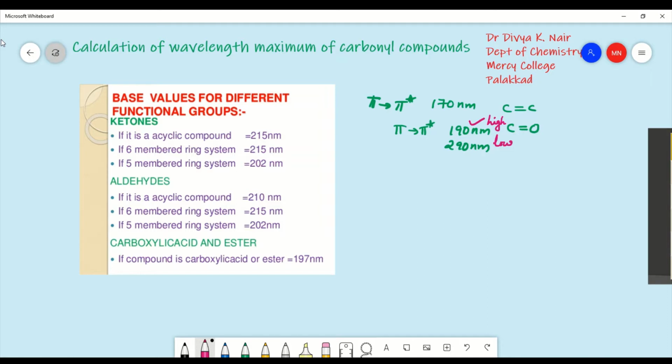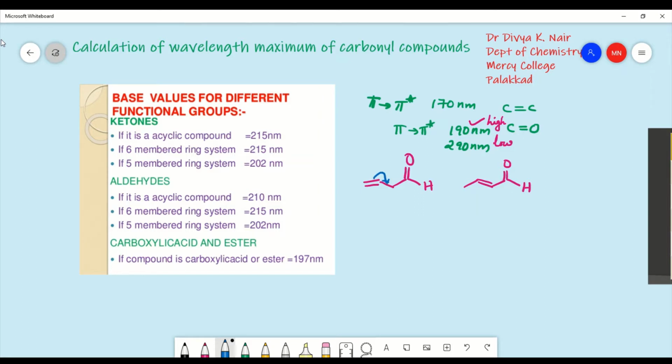However, when a carbonyl group is conjugated with an ethylenic double bond, what does it mean? If you are considering this one, an aldehyde, and this one, this is an aldehyde, right? Both are aldehydes. So which one is conjugated? If you are looking into this structure, the conjugation means this should be in a conjugation.